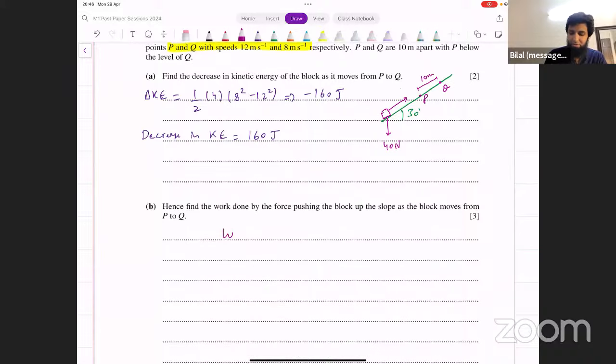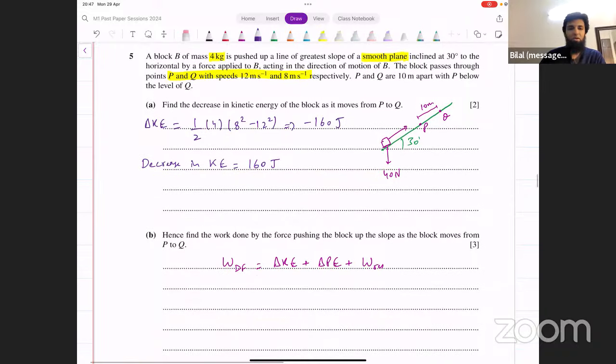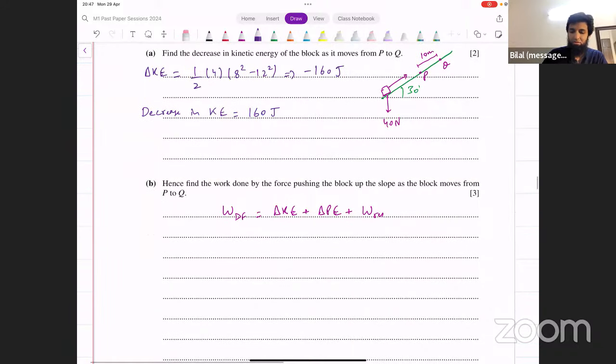The work energy principle: work done by driving force equals change in kinetic energy plus the change in potential energy plus work done against resistance. Now, it's a smooth plane, so there's no friction. That means there's no resistance. Work done against resistance is 0. Remember, weight is not considered as resistance.